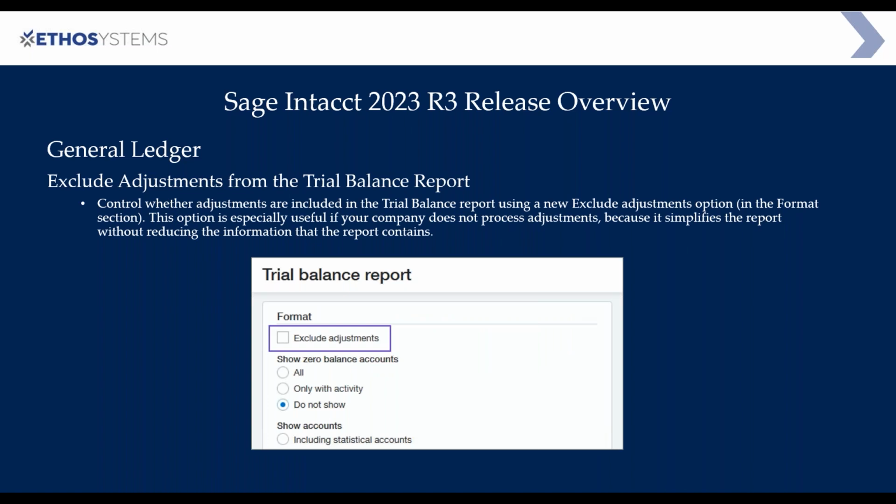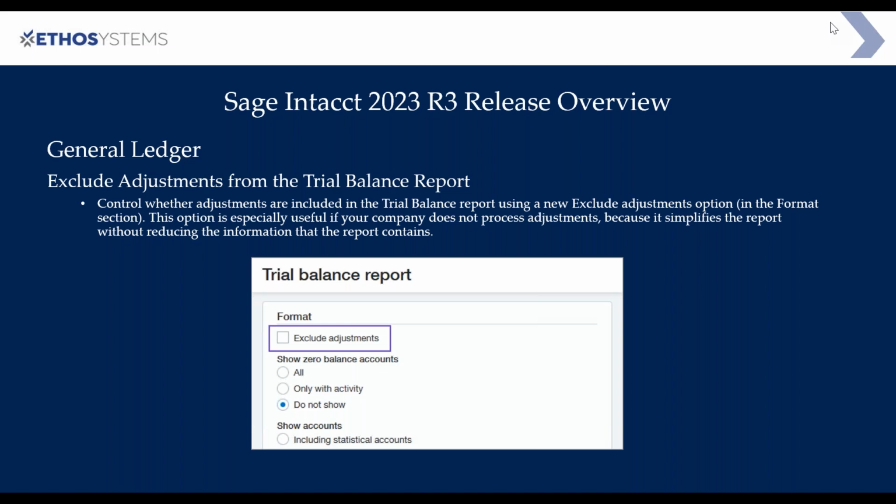All right, also within here, you have the ability to exclude adjustments from your general ledger trial balance. So previously, when you ran a trial balance, it would always show you the adjustments column.